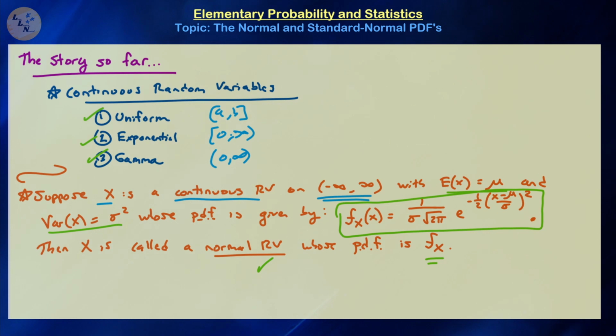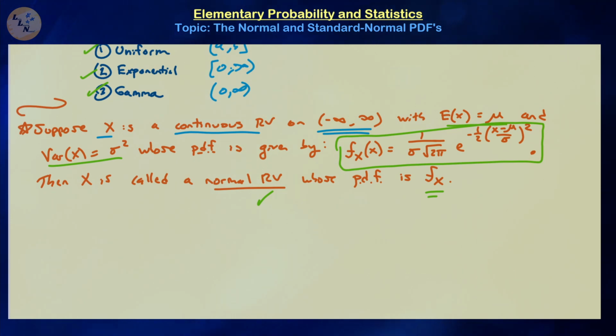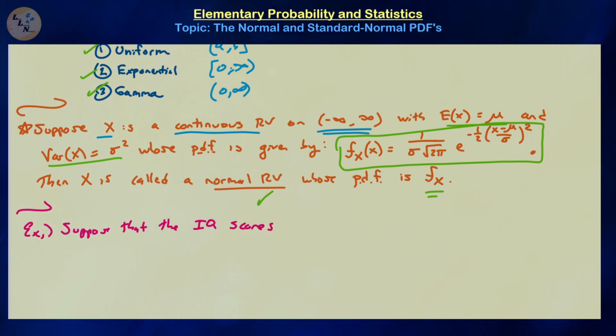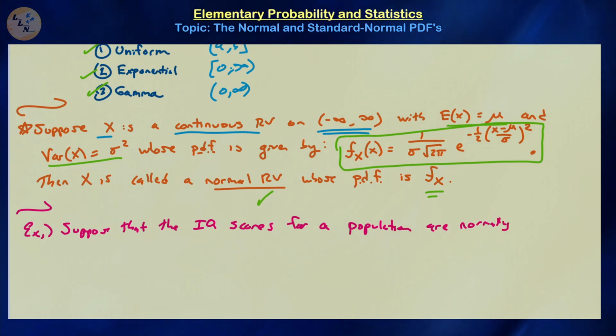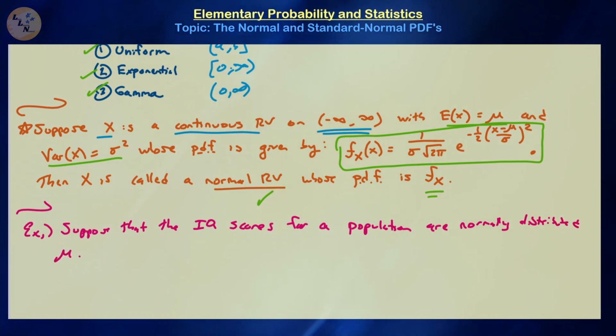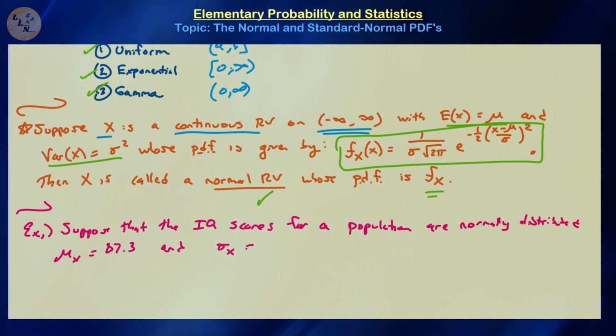So let's look at a particular example that we can solve using this bit of information that we have so far. Example 1. Let us suppose that the IQ scores for a population are normally distributed with a mean score of 87.3 and a standard deviation of 5.2 IQ points.